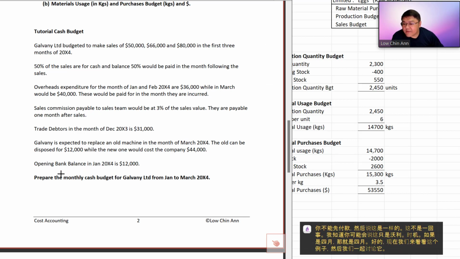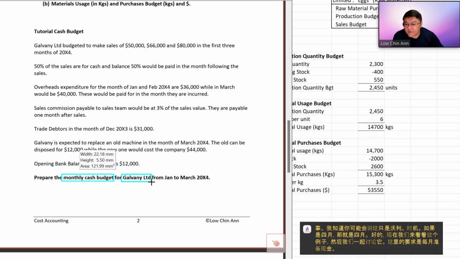The requirement here is to prepare the monthly cash budget for Galvani Limited from the month of January to March 20X4.